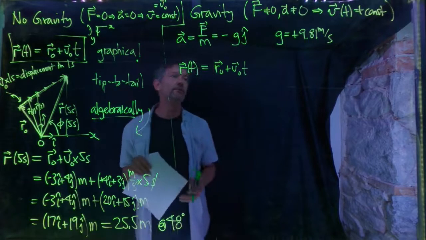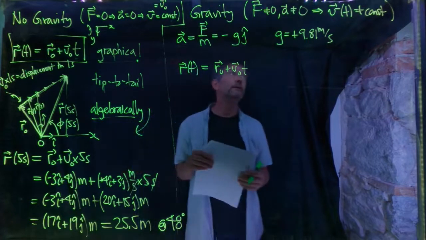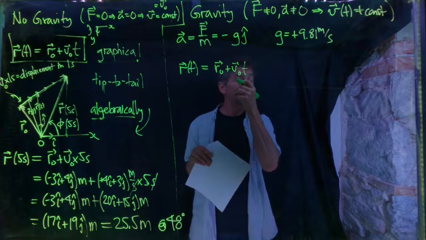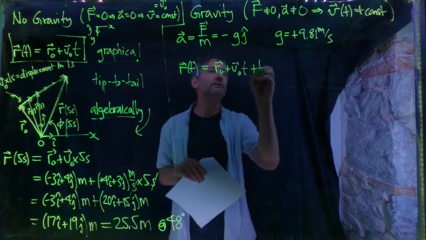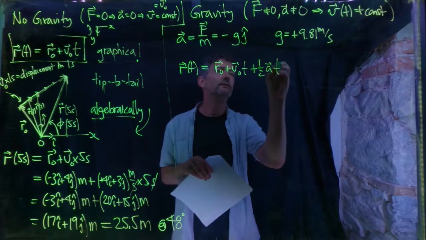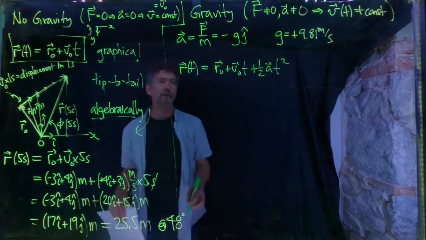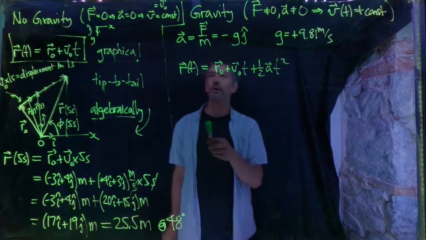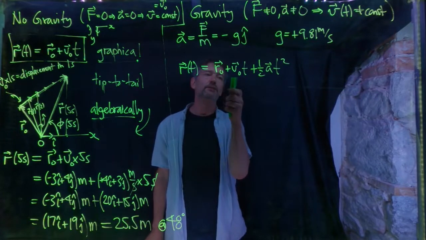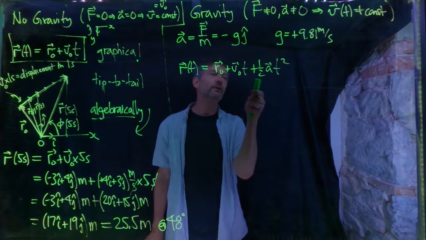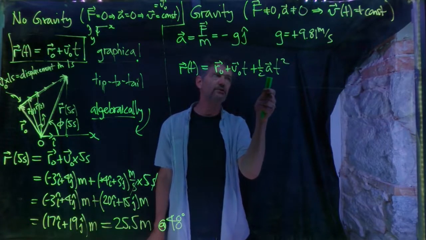That's what would happen if there was no acceleration. But there's an acceleration term, which is plus 1/2 a t squared. There's a quadratic term. Now you might recognize this in x and y components. This is, say, x final equals x initial plus vx initial t plus 1/2 acceleration in the x direction t squared.